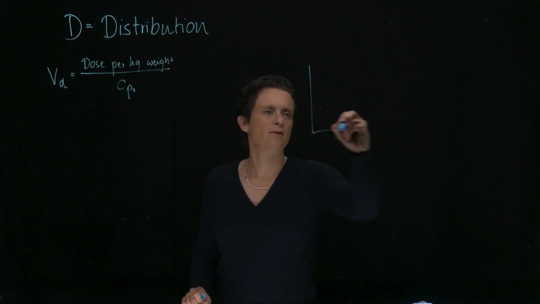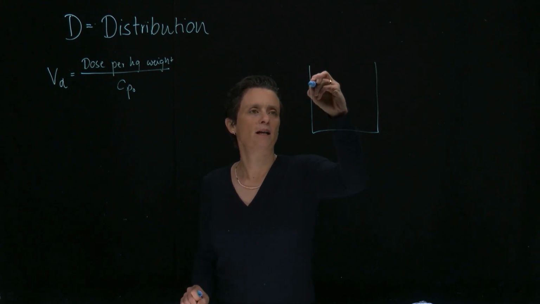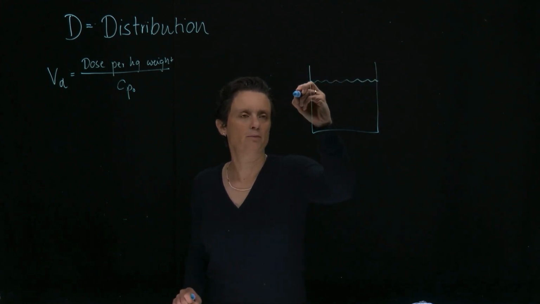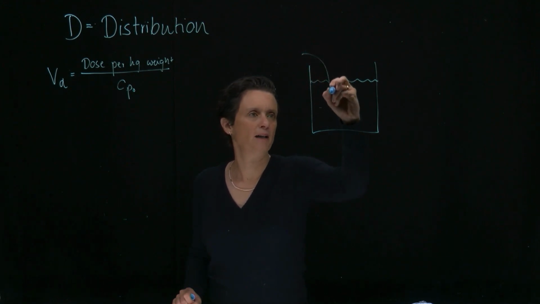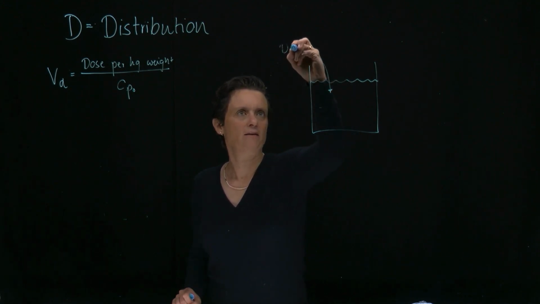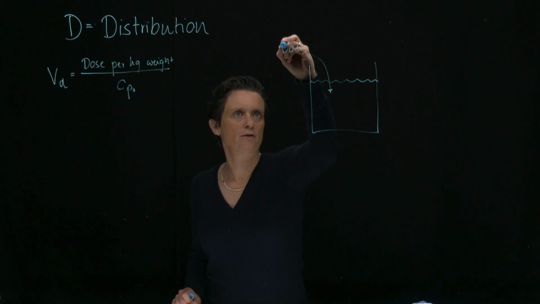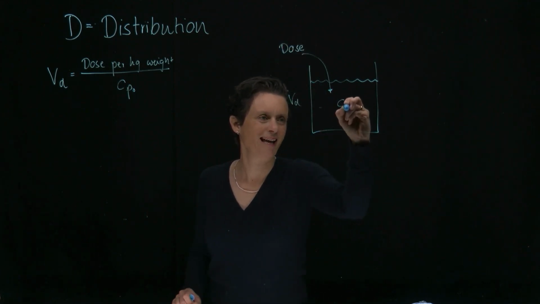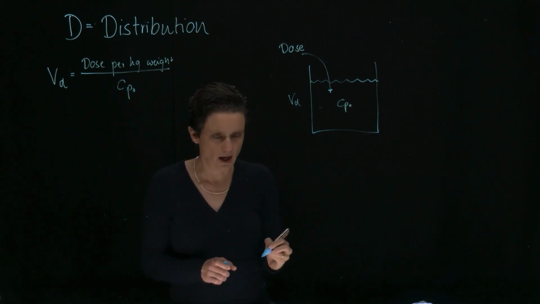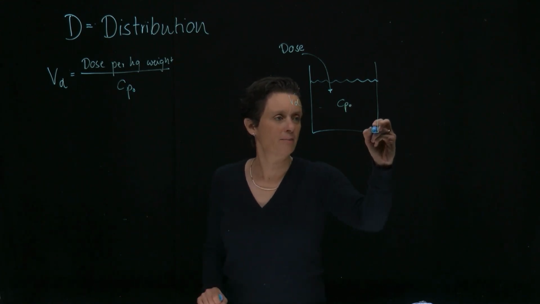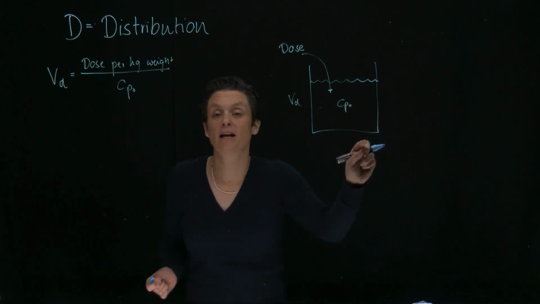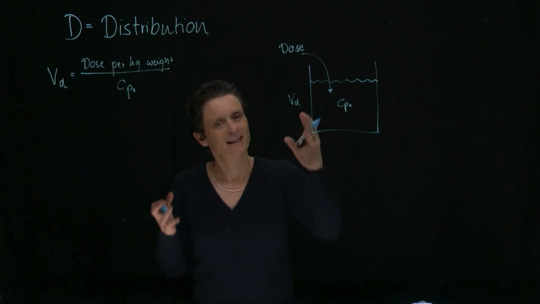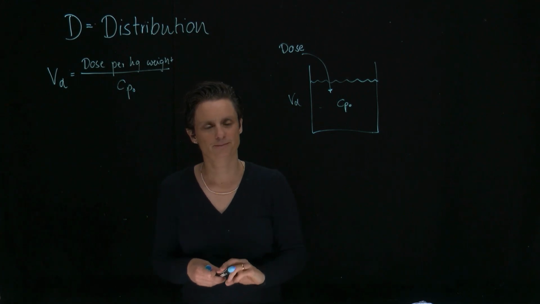So if you want to think about it as a simple model, if you have the volume of distribution, how big is your bucket? You're going to add a certain dose of a drug into this bucket that's going to give you a certain concentration at time 0.0, before the bucket has a hole. So elimination is not yet going on. That's kind of the volume of distribution.